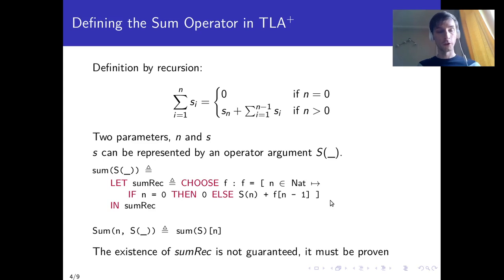If such a function doesn't exist, then the definition can't be used. So the user must prove by themselves that such a function exists before the definition can be used for anything.